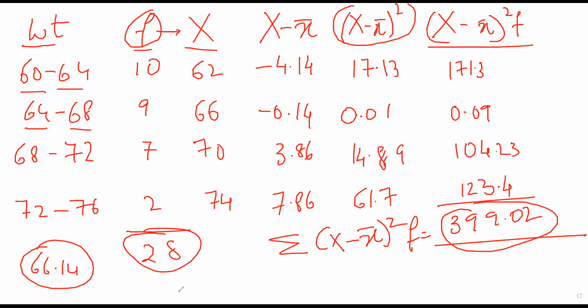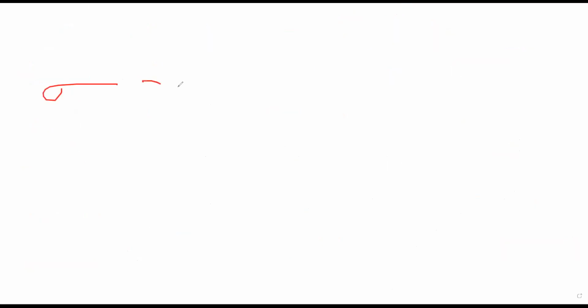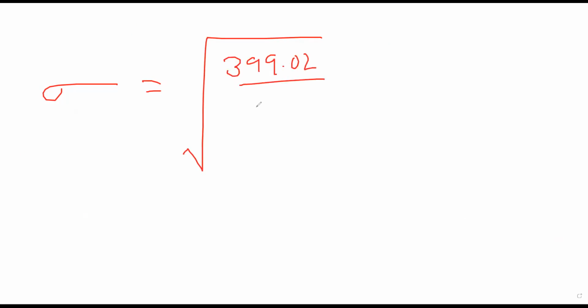So sigma is equal to root over 399.02 divided by 28. Technically, if you continue to solve this, you will essentially get 3.77. 3.77 is your answer.